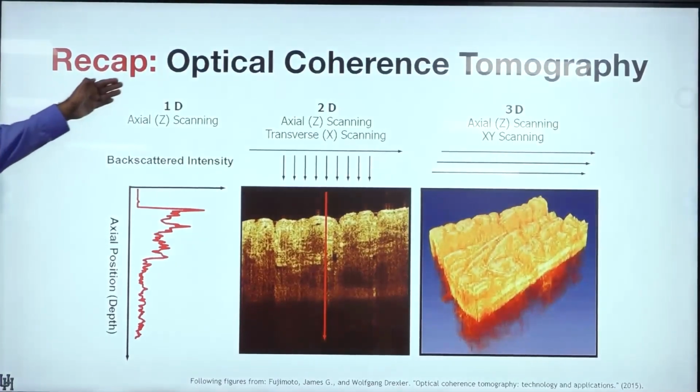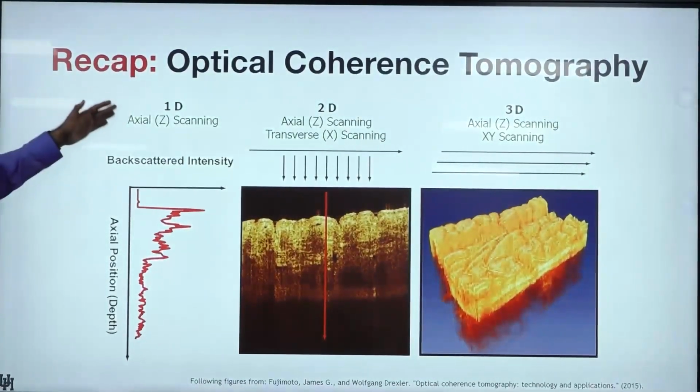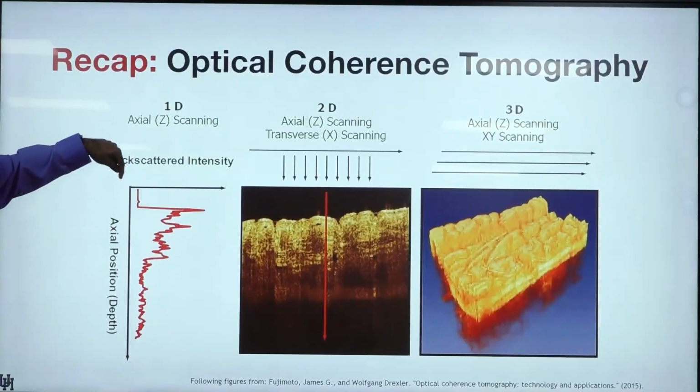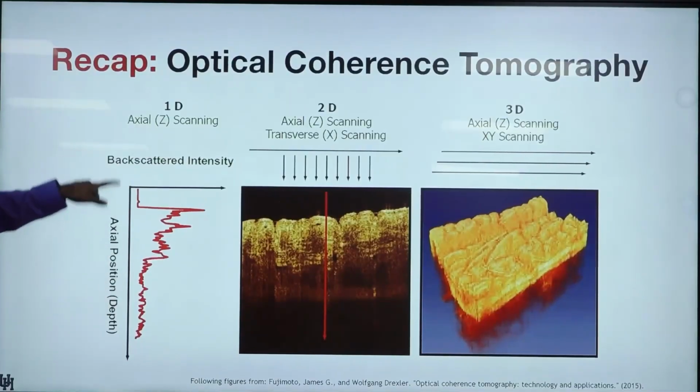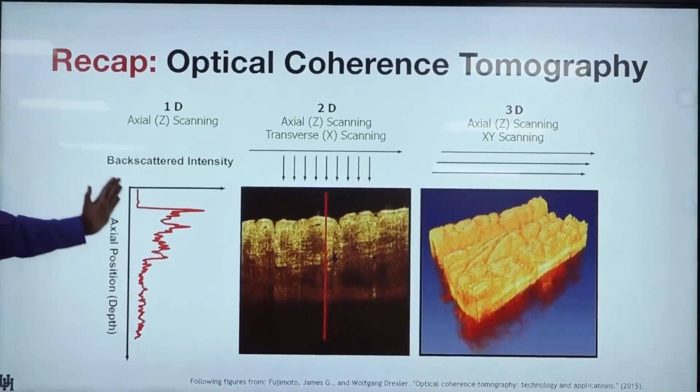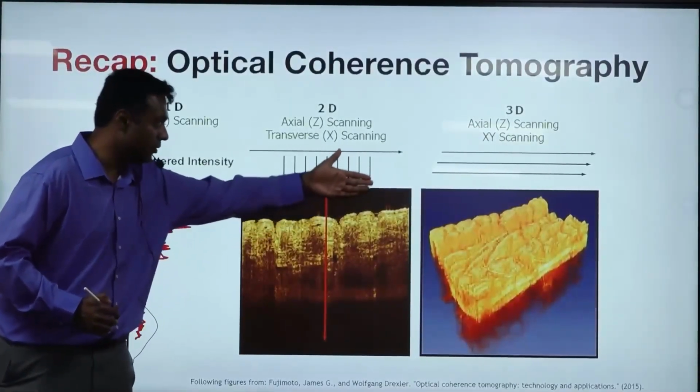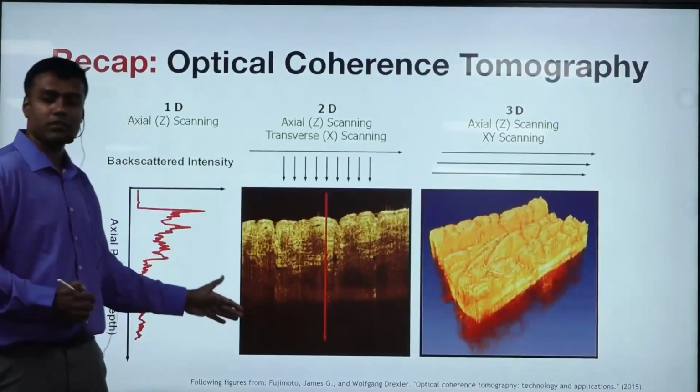The primary goal of OCT is to get depth information. At any point or pixel on the sample, you can get a depth scan, also called the A scan. By putting together a bunch of these A scans, you get what's called a B scan, a two-dimensional XZ cross section.